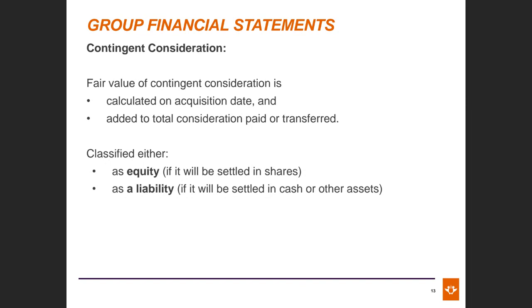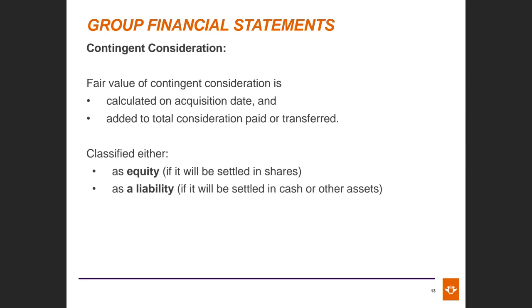So if we have a look at contingent consideration, how do we determine the fair value of the contingent consideration? The fair value will be calculated on acquisition date and added to the total consideration paid or transferred.